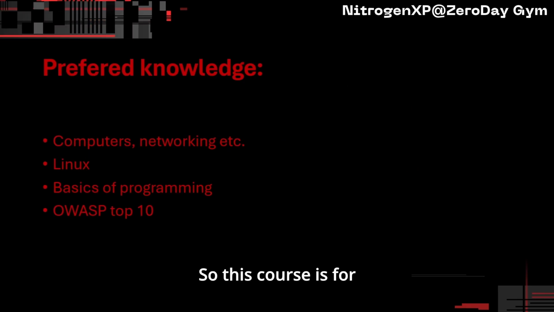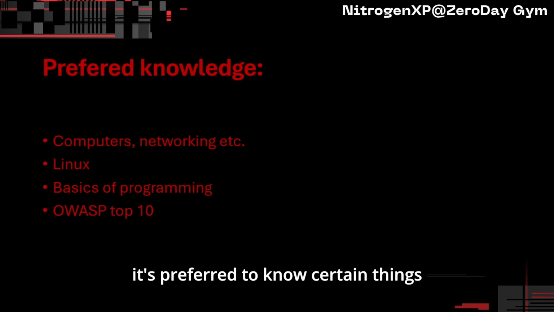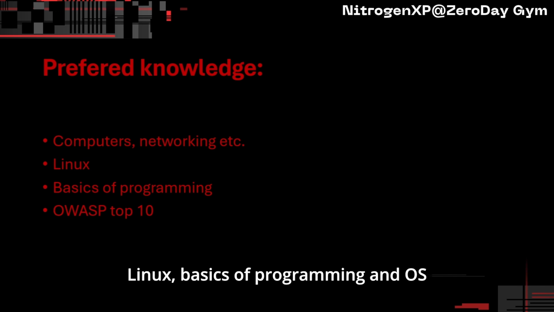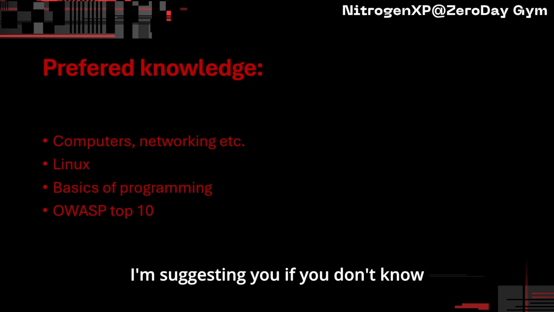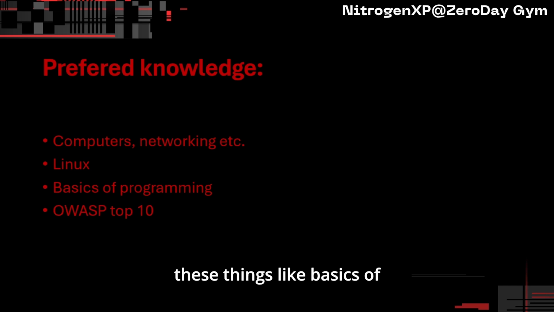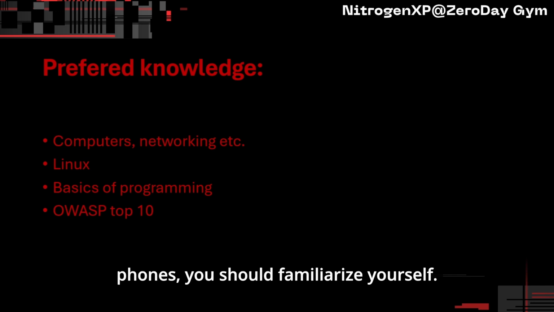So this course is for beginners, but it's preferred to know certain things about computers, networking, etc., Linux, basics of programming, and OWASP Top 10, as it's going to be really relevant in this course. So I'm suggesting, if you don't know these things like basics of computers, of networking, of phones, you should familiarize yourself.